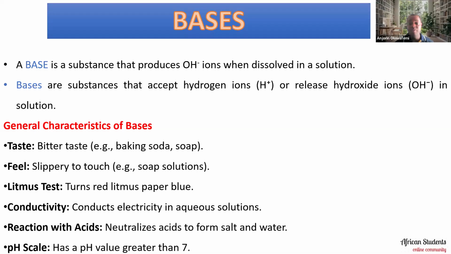Another general characteristic of bases is that they turn red litmus paper to blue. So when you put a solution on a red litmus paper and it turns blue, know definitely that that solution is a base. Another property of bases is their conductivity in aqueous solution.